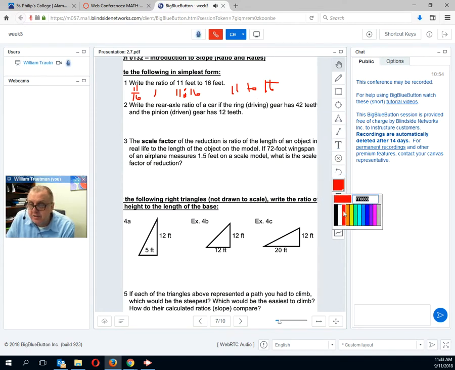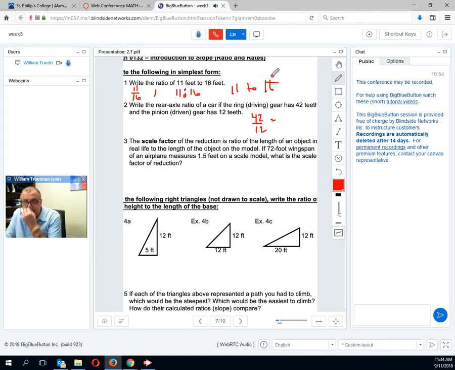Whatever the first one is goes on top, and the second one goes on the bottom. 42 over 12. Reduce the fraction. They both divide by 6. 42 divided by 6 is 7, and 12 divided by 6 is 2. So this is the ratio. And don't forget, if it's a fraction, you want to reduce it. So there's the answer.